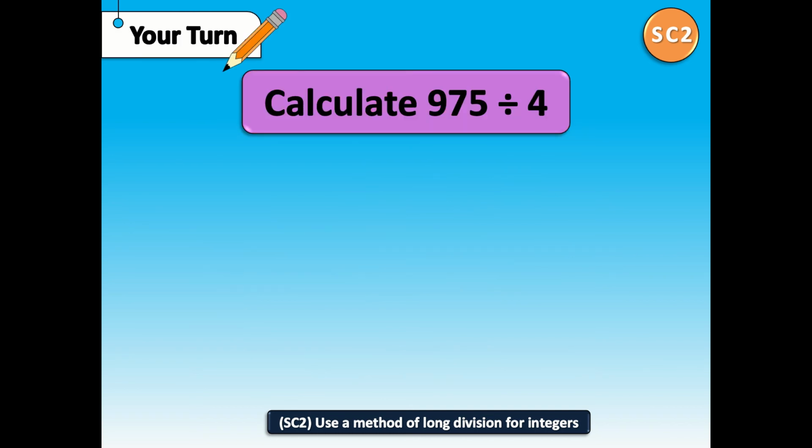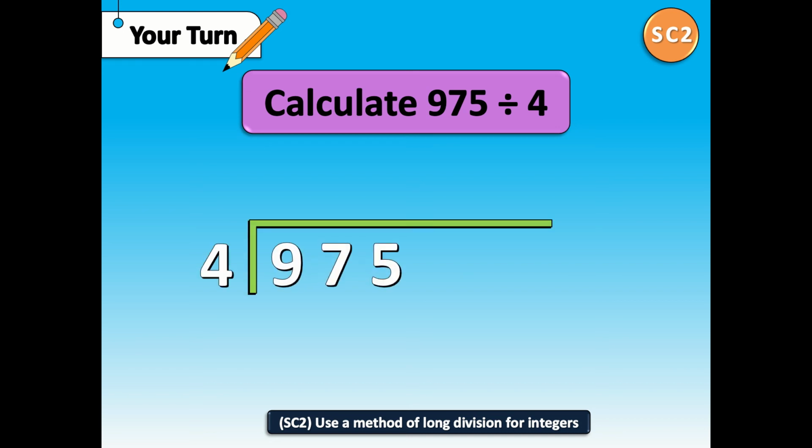Here's a question for you to have a go at. Pause the video, and when you're ready to see what you should have done, press play. So this time we want to do 975 divided by 4.